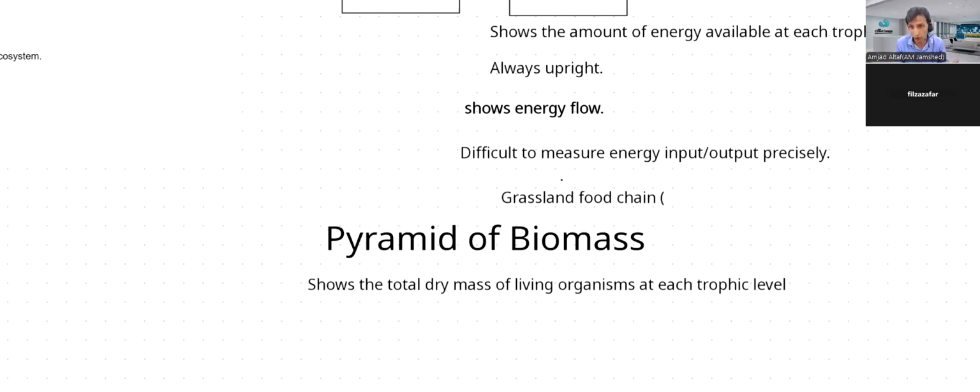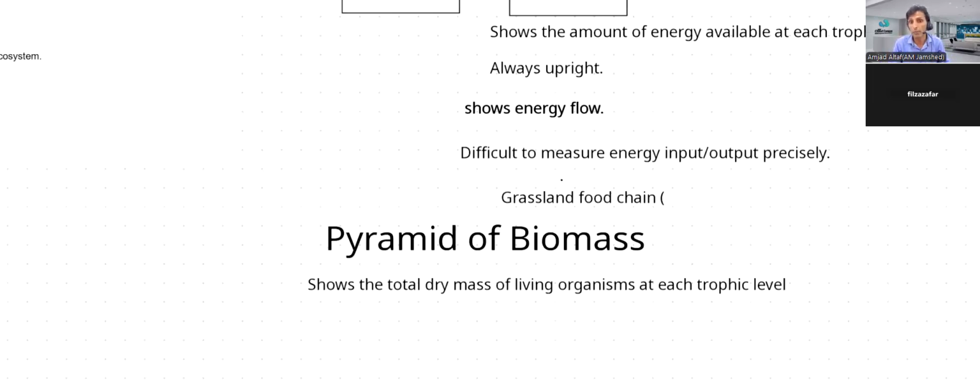Like in aquatic ecosystems, we have a bit different pyramid, which would be downward like this. Normally we will see it this way. Sometimes the pyramid is inverted, but in most cases, as per your syllabus, you will see that the pyramid is always upright.